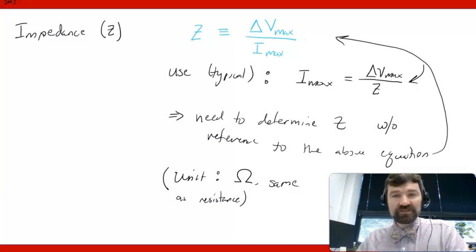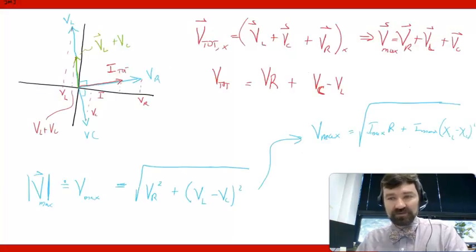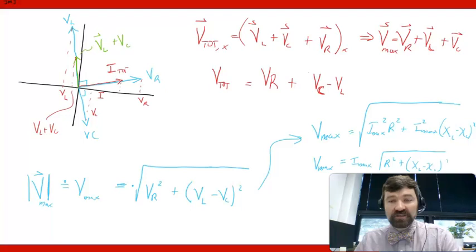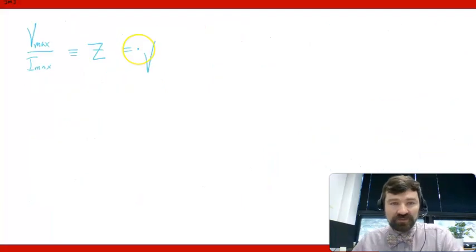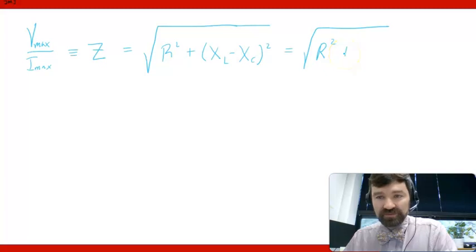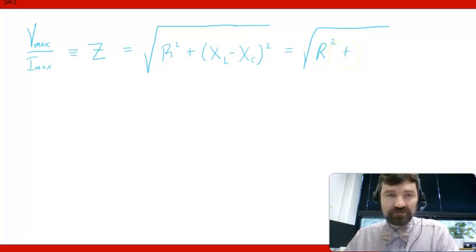Okay, and so now making use of Z is Vmax over Imax. These are all squared terms, and so I can pull out an Imax from all this, like so. Now divide both sides by Imax, and we get Vmax over Imax, which is the square root of R squared plus the square of the difference of reactance.